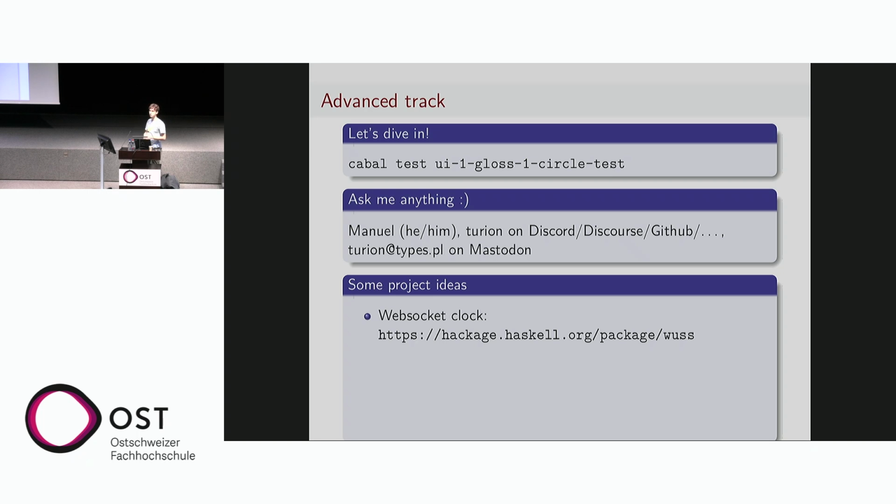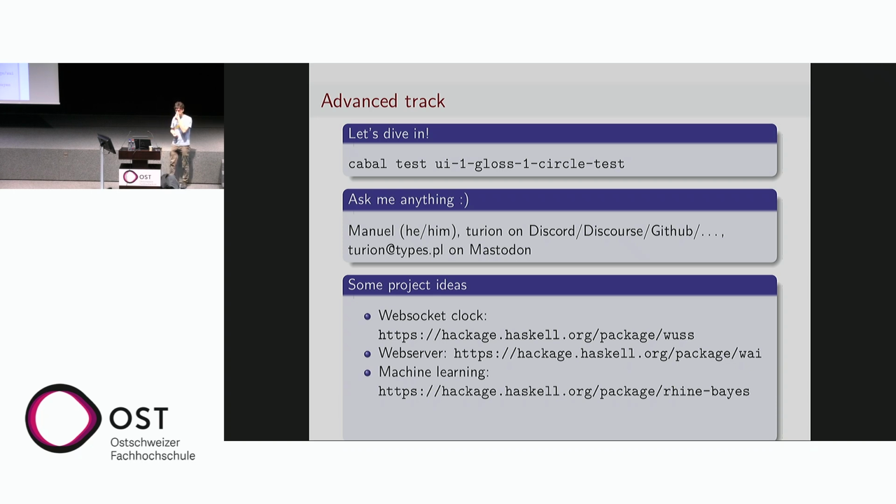You can build a simple application that can talk over WebSockets. You could also build a web server, by taking a simple package like Yesod, and again you will have to write your own clock for that. It basically ticks whenever there is a request coming in.